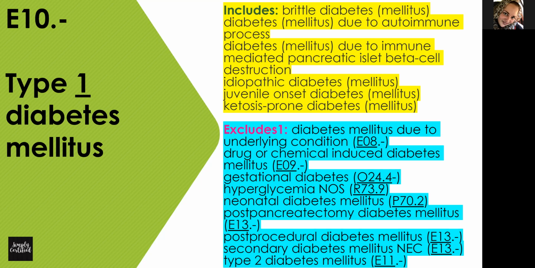Type 1 diabetes is also known as brittle diabetes, diabetes due to an autoimmune process, diabetes due to immune-mediated pancreatic islet beta cell destruction, idiopathic diabetes, like an unknown cause, juvenile onset diabetes or juvenile diabetes, and ketosis-prone diabetes. Like I said, DKA, that's a type 1 thing.